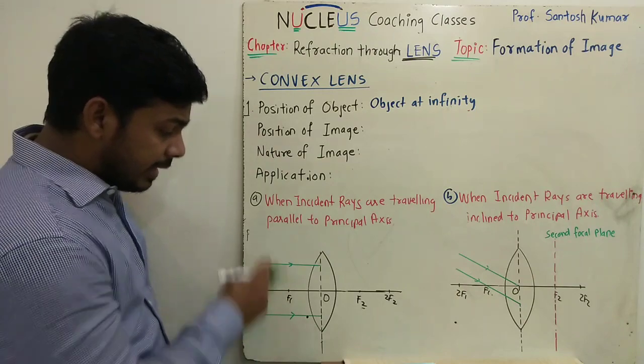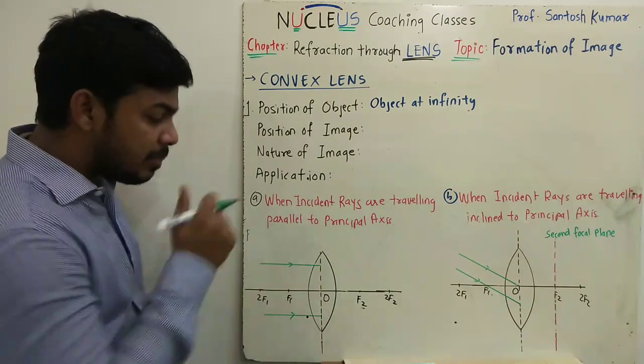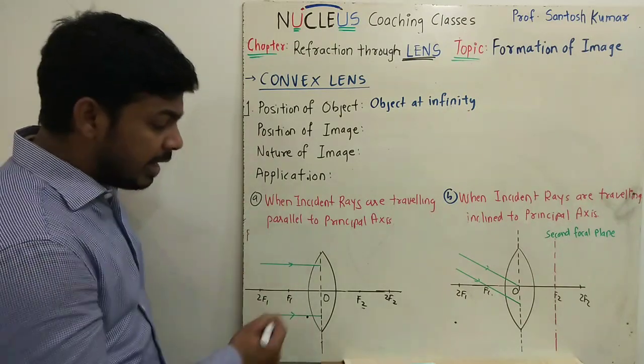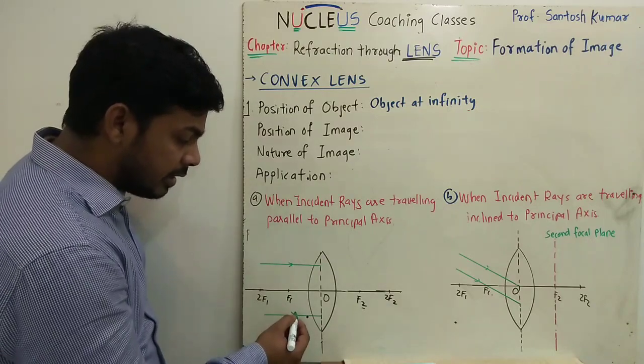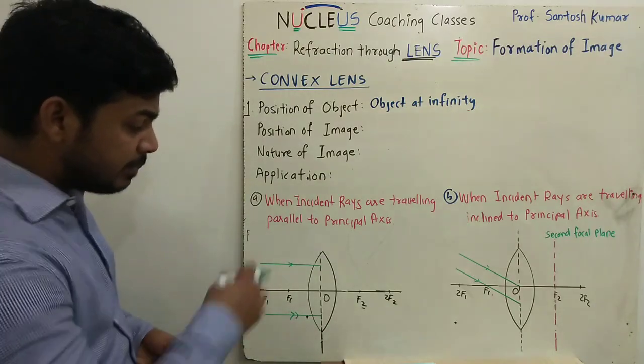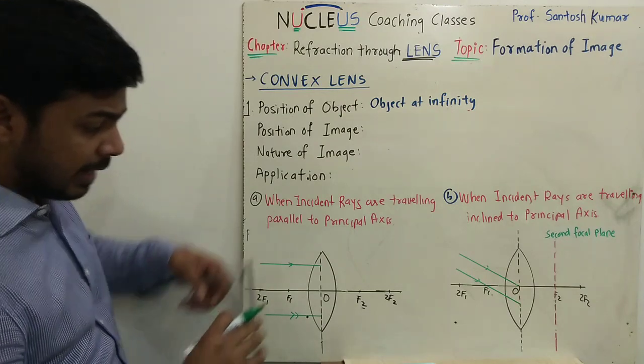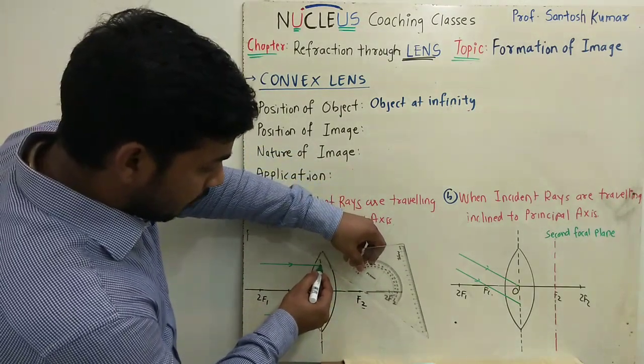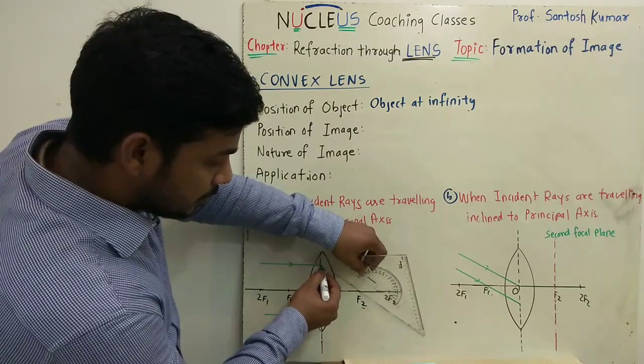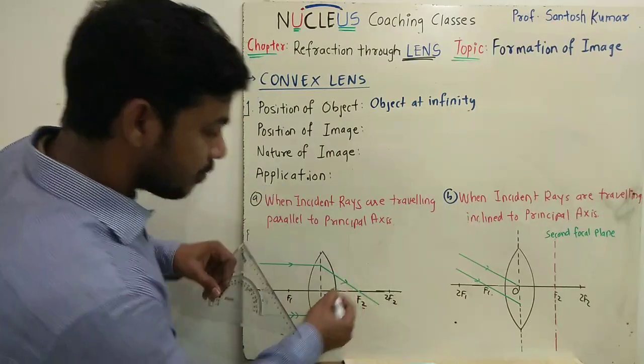So let's say these rays coming from infinity are parallel to each other. Definitely, after refraction, this is the first ray, this is the second ray. Since the ray is traveling parallel to the principal axis, after refraction it will pass through F2, right?